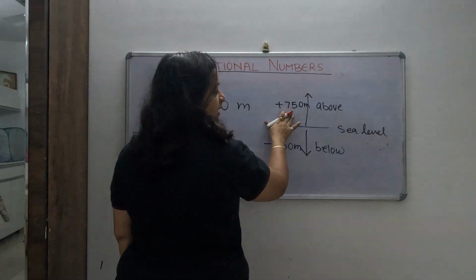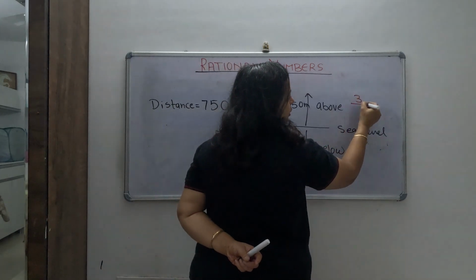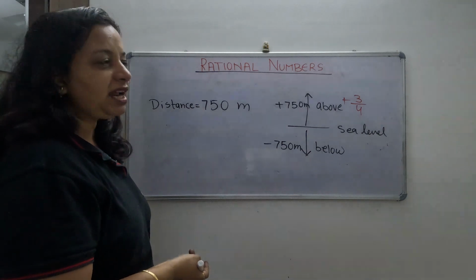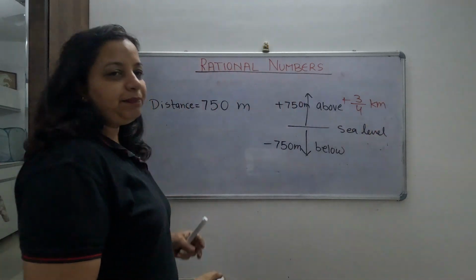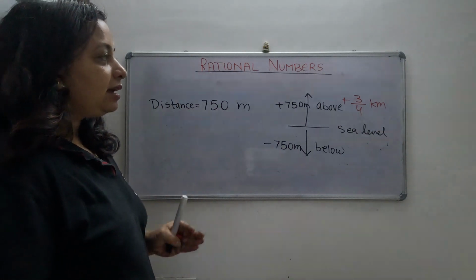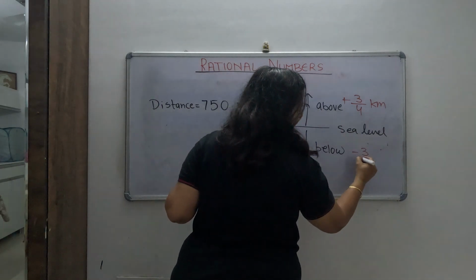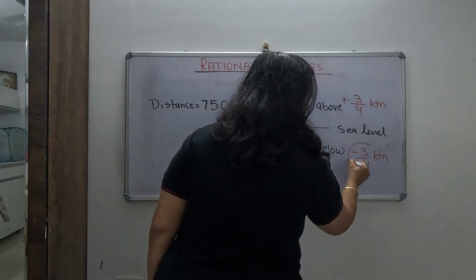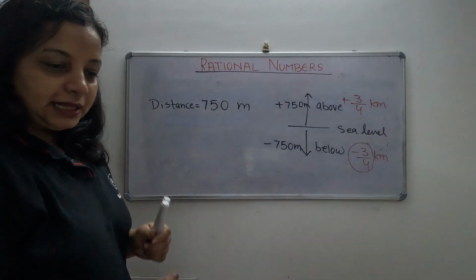If you convert 750 meters into fractions, you will write 3/4 kilometer, as we already learned in the fraction topic. But below the sea level in fractions, you can't write it, because you have not yet learned negative fractions, right?